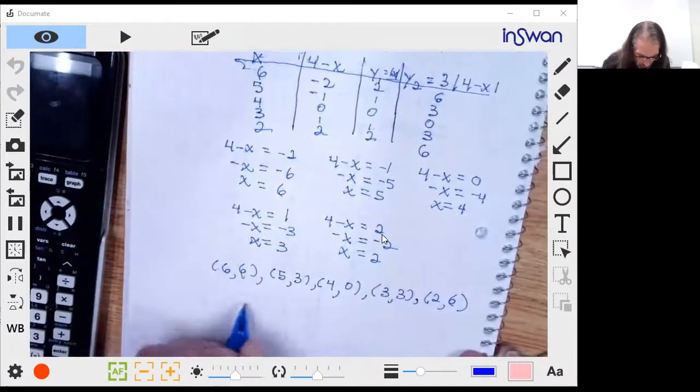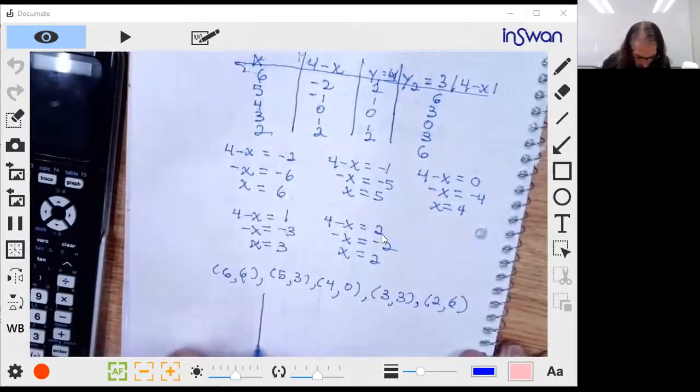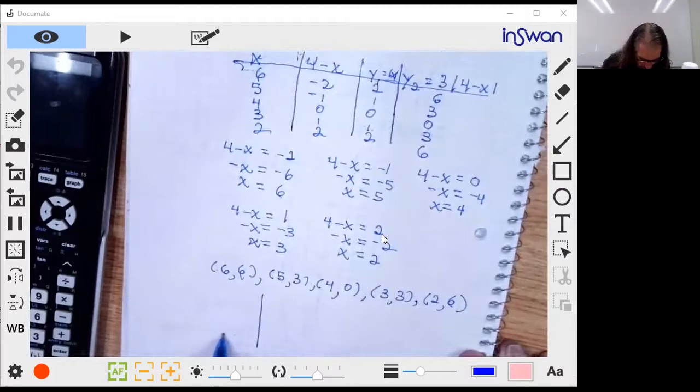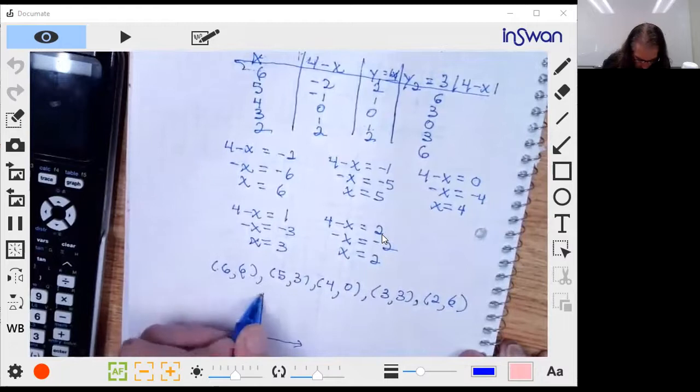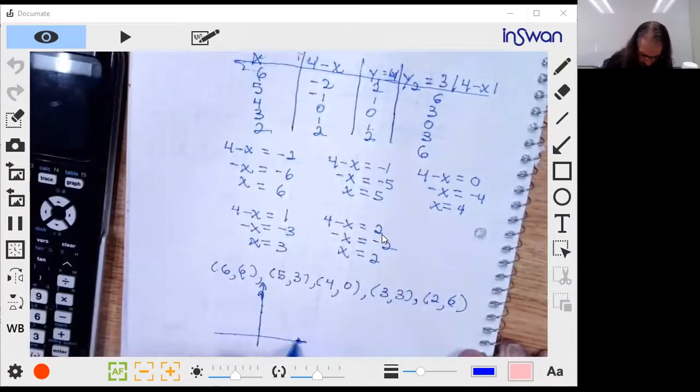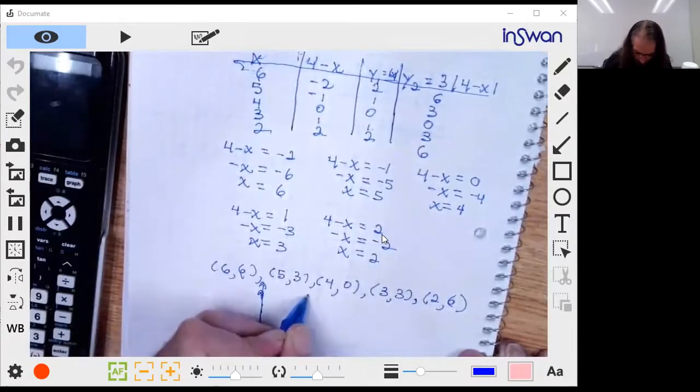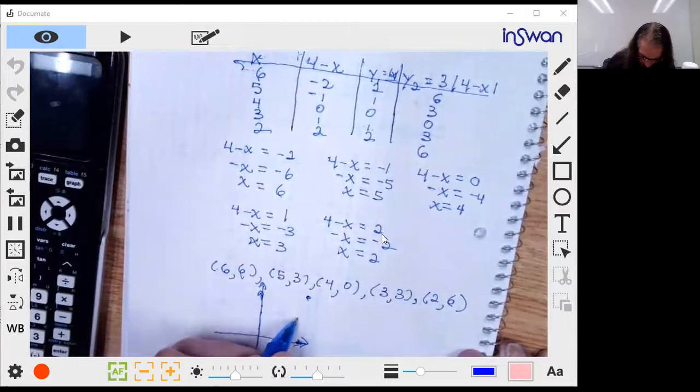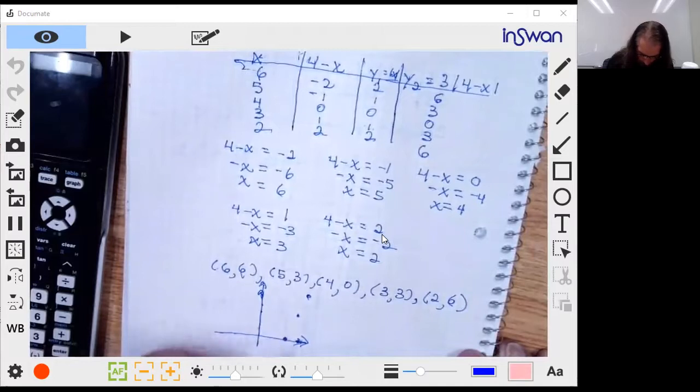So let's see here. I can go by ones in each direction on this. One, 2, 3, 4. 1, 2, 3, 4, 5, 6. Okay, (6, 6), (5, 3), (4, 0).